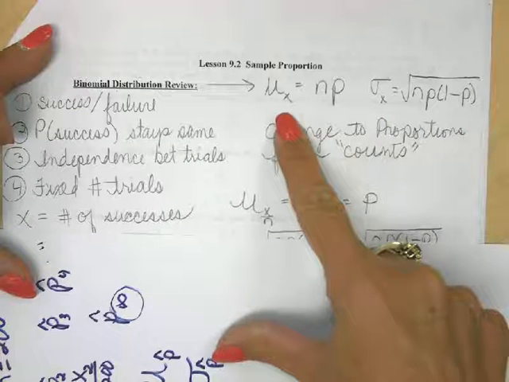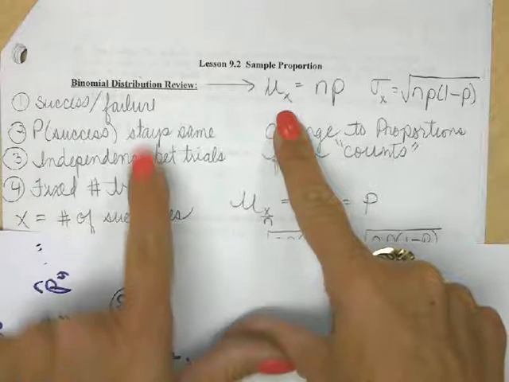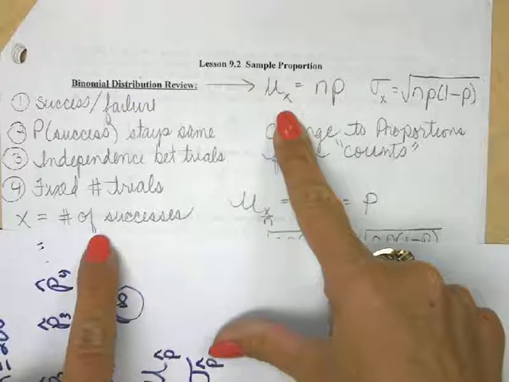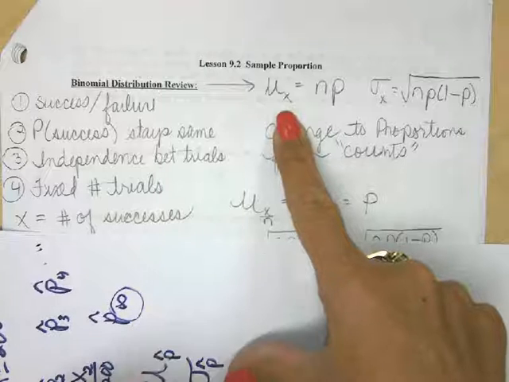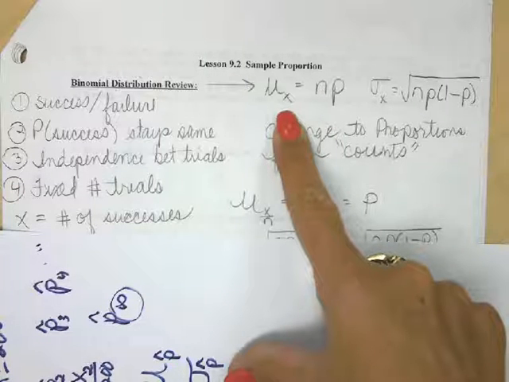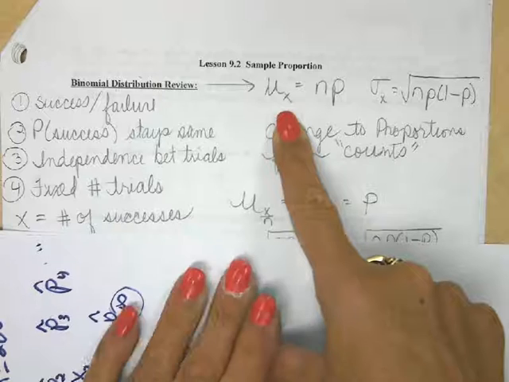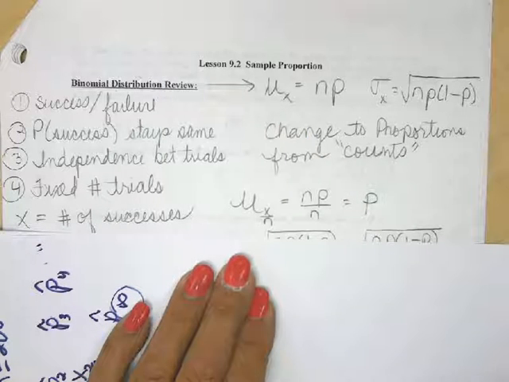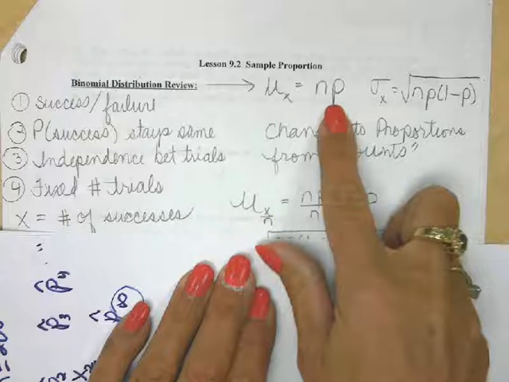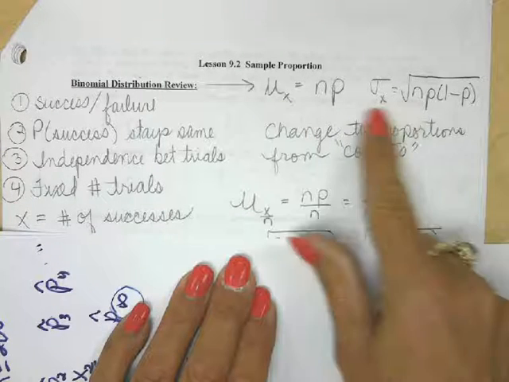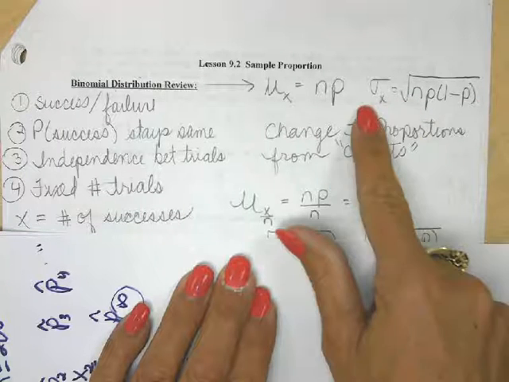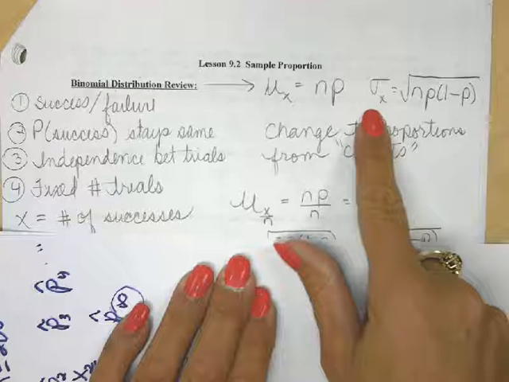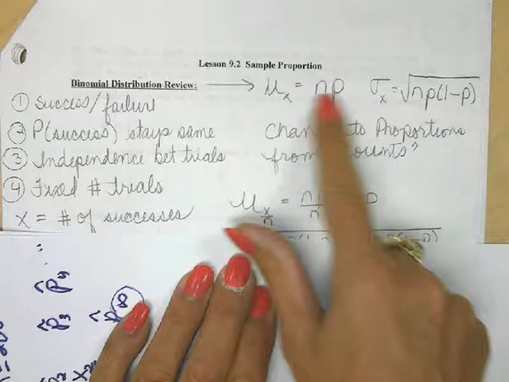The distribution for a binomial setting deals with how many successes we have, and the distribution we're going to talk about today is going to be the proportion of successes. So a binomial distribution is for counts. It counts how many successes. So n times p is our mean count, and the square root of n times p times 1 minus p measures the variability of our counts for that sample size of n.